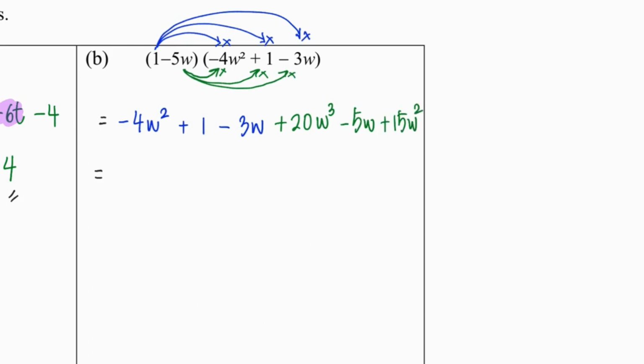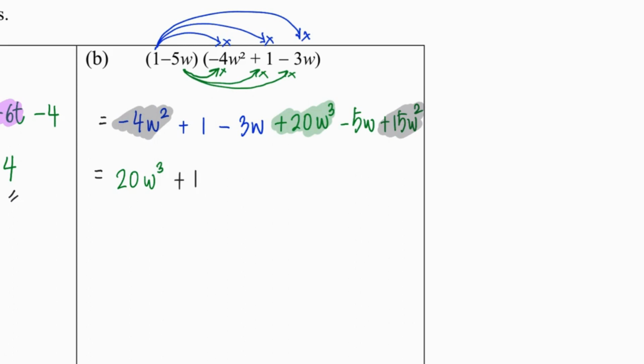And let's continue to simplify any like terms that you see. Usually, I like to start with the terms that has the highest degree of power. So in this case, it's 20w cubed. Positive. No others. I see for the w square, I see a negative 4w square plus 15w square.